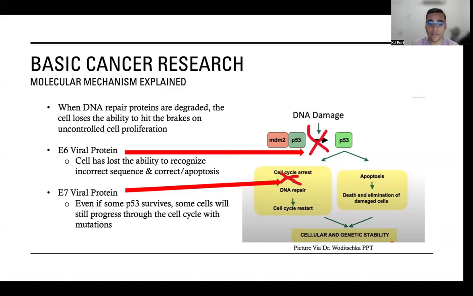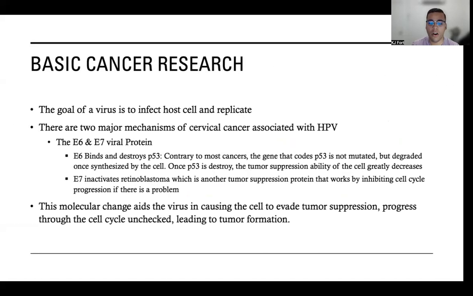So E7, even if some of the P53 proteins were to survive and try to do their job, the later process of cell cycle arrest, the retinoblastoma, is affected by this E7 viral protein. So that process can't proceed either. And then the cell continues to divide. Can we go back a slide just real quick? So the hallmark of this is that the molecular change aids the virus to evade tumor suppression. That's what's affected here.